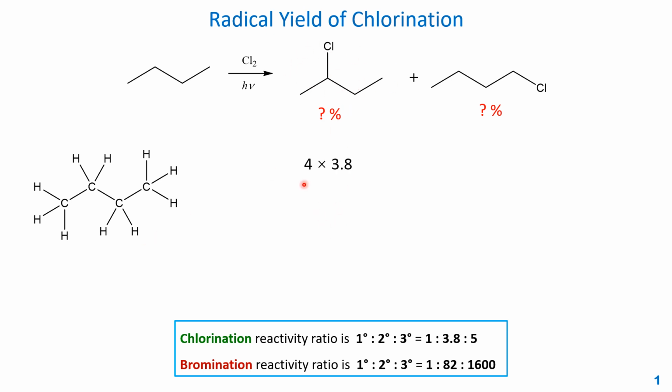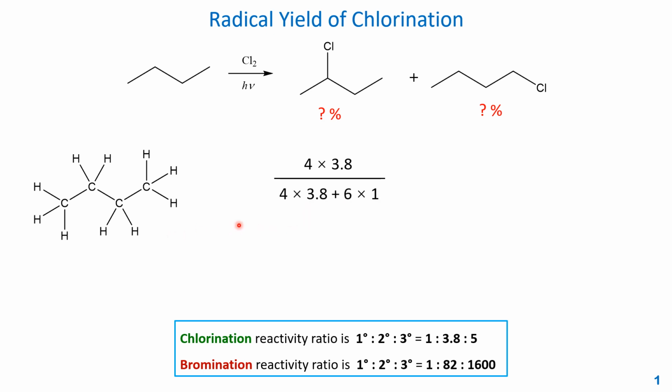So we use 4, the total possible hydrogens that can react, times the relative reactivity. Because it's a chlorination, we use this data here, and for secondary hydrogen we use 3.8. Now we divide by the total reactivity of all the hydrogens.